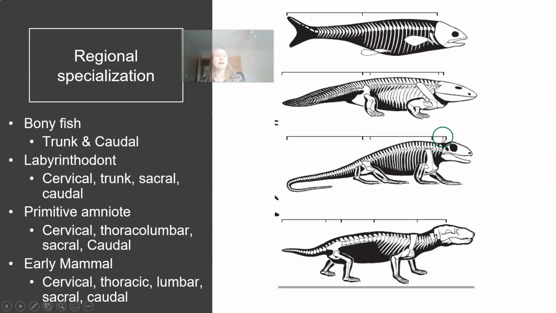So now we have a cervical, a thoracolumbar, a sacral and a caudal region. And then in early mammals, this is where we start to see the differentiation that we actually have. So we have a cervical region, a thoracic region, a lumbar region, sacral region, and caudal or tail region.